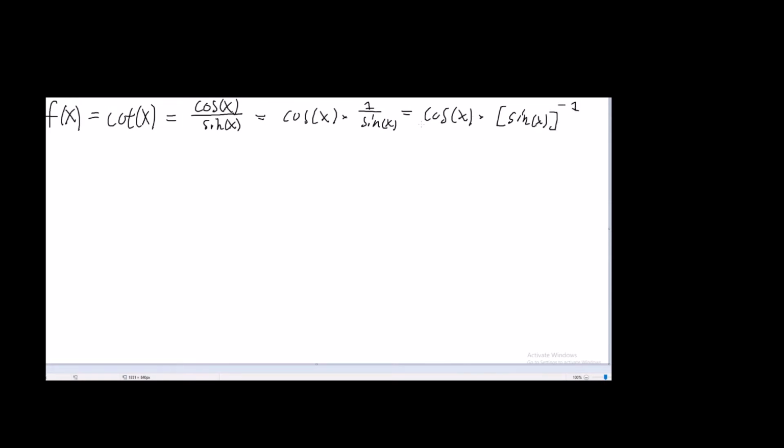And then again, we need to apply both the product rule to these two functions, since there are two functions multiplied by each other. And then when taking the derivative of this, of course we need to apply the chain rule, because these are just two functions nested within each other.